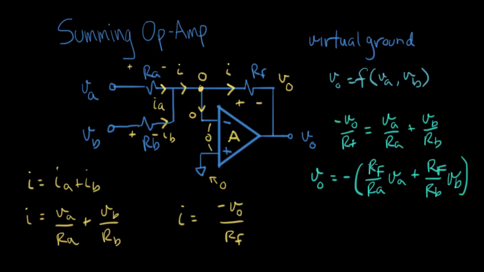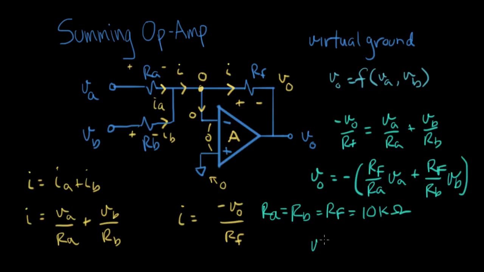You can see that there are two resistor ratios participating in the answer. So it helps to do a little special case of this. Let's let all the resistors be the same. We'll say that RA equals RB equals RF, and just to pick a real number, we'll say they're all equal to 10K ohms. Let's see what this becomes now.